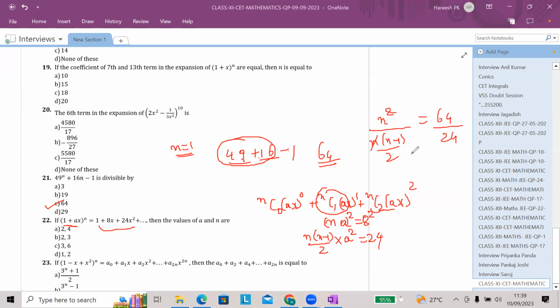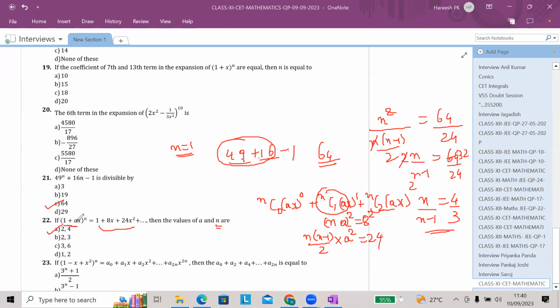So n by n-1, and the denominator will also go up, is 64 by 24. So this gives 32 by 24, which I can write as 4 by 3. On comparing, we can directly say n has to be 4. There's only one option satisfying n equal to 4. So that itself is the answer.